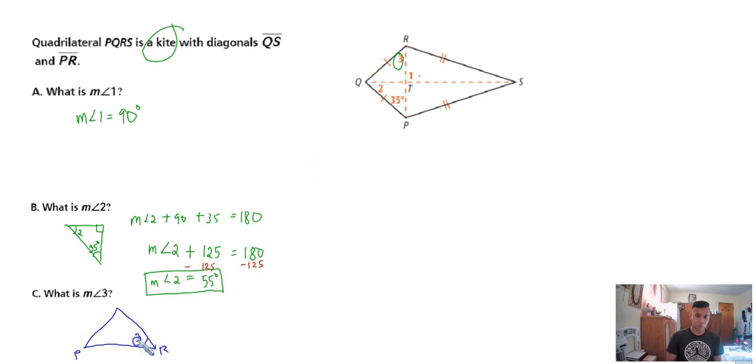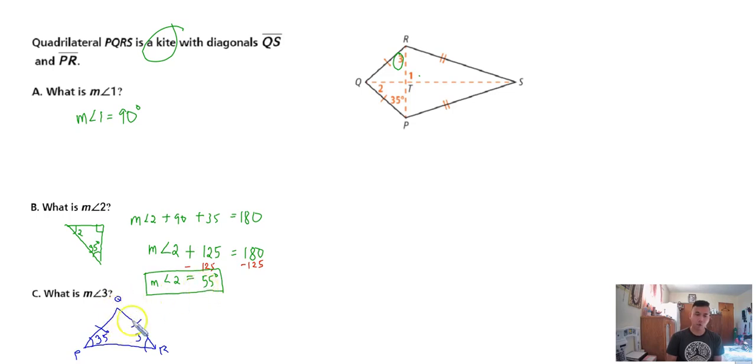And then angle Q is here. And these two sides, PQ and RQ, are congruent. And angle P here is 35 degrees, and we don't have any measurement here. It's not 55.